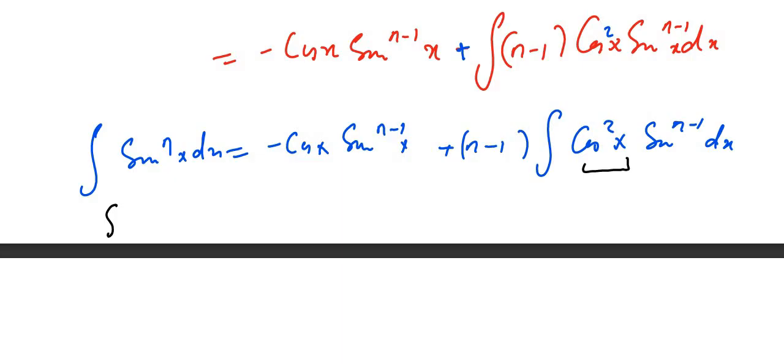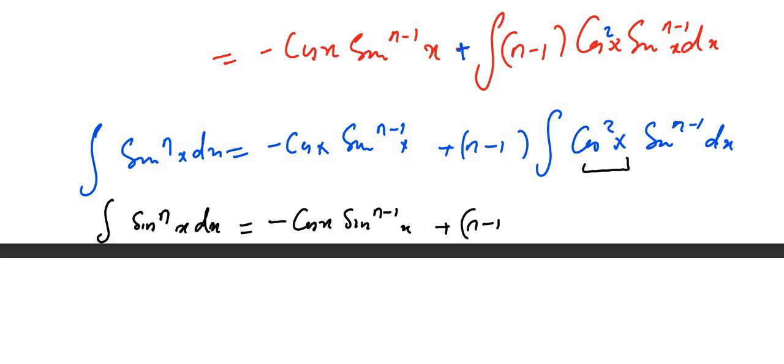So this is going to be the integral of sine n x dx is equal to negative cos x, then sine n minus 1 x. Then this is going to be plus your n minus 1. This here is the same as 1 minus sine squared. Then you have sine n minus 2 x dx, or there should have been an x here because it's sine of something, right?